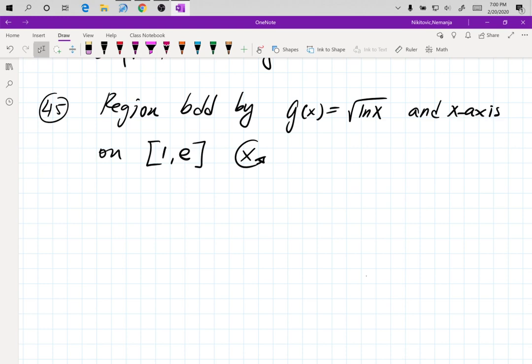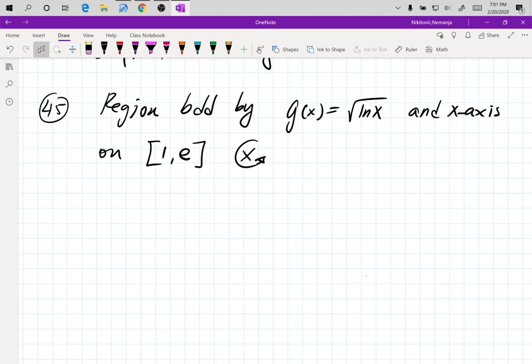But once you put this integral together, it's going to be integration by parts, obviously. So the region is bounded by g of x equals square root of ln x and the x-axis, on 1 to e, revolved around the x-axis. The first order of business is, what does the square root of ln x look like?